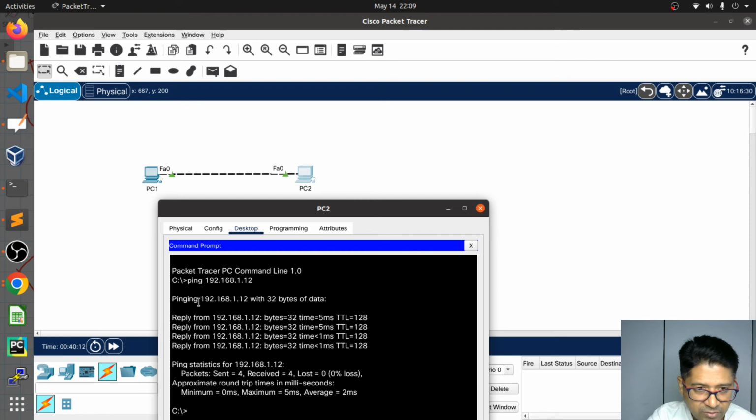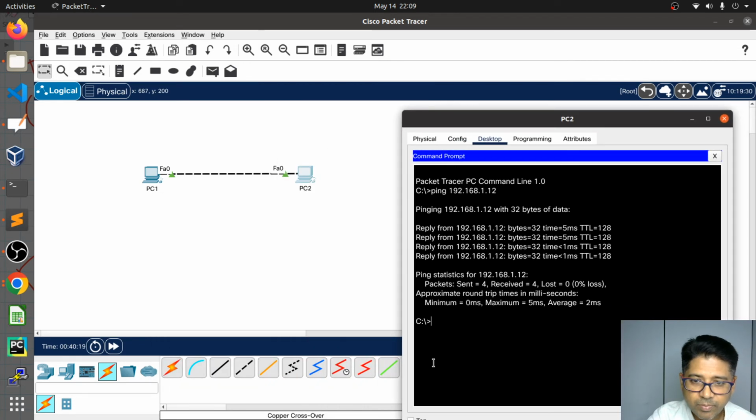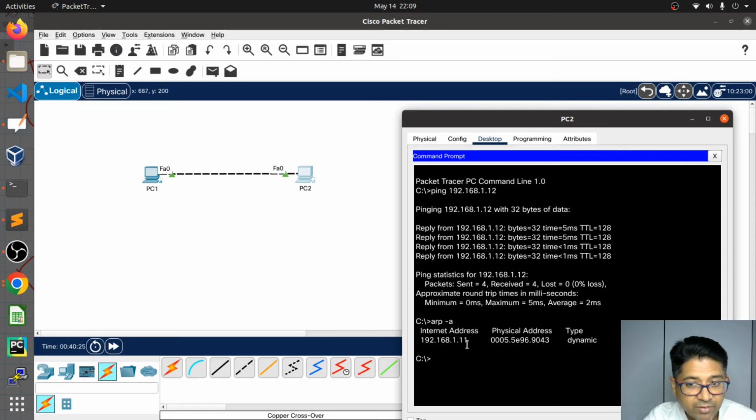One IP address is 12, but it has an entry in the ARP table for IP 11. Everyone maintains the MAC address of the other device to reach that device directly.